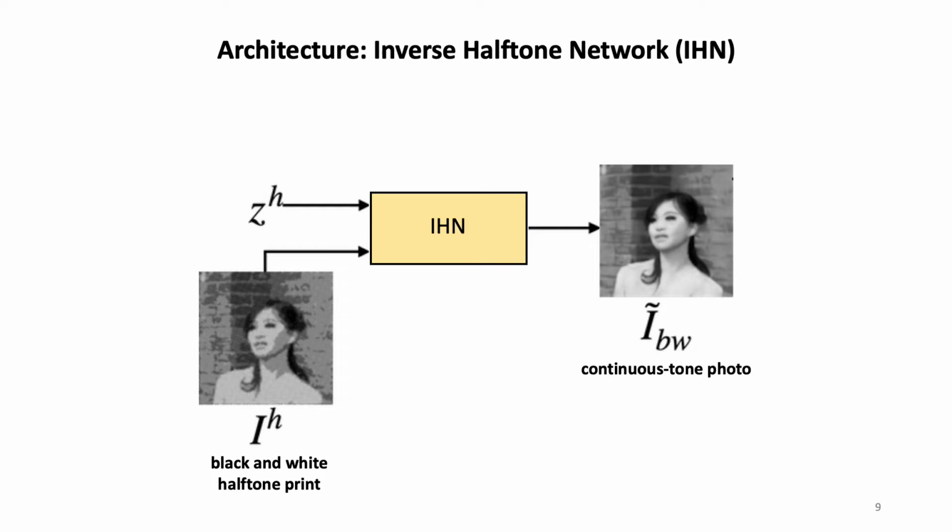We start from the inverse halftone network, which we name IHN for simplicity. This IHN aims to recover the continuous tone image from a given halftone image. We additionally take a random noise map ZH as input for helping synthesize the information loss between the halftone image and its corresponding ground truth continuous tone one. We train IHN independently until it converges.